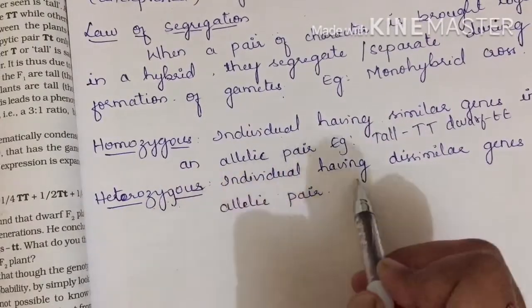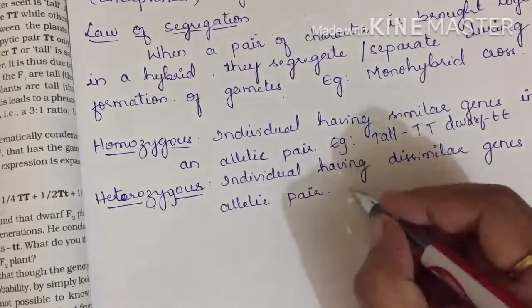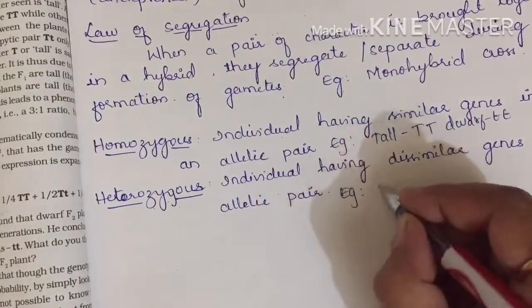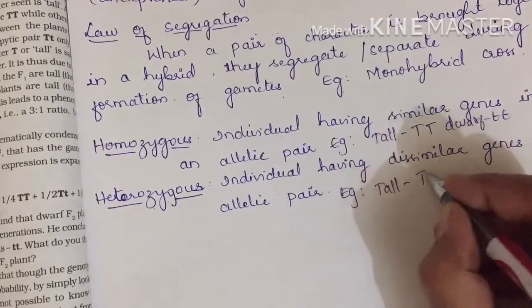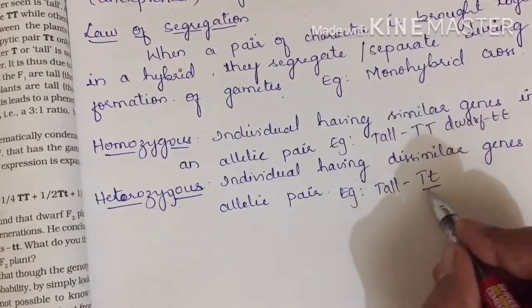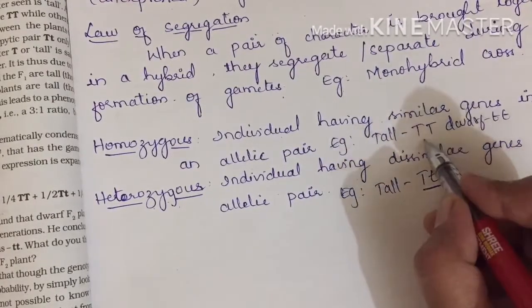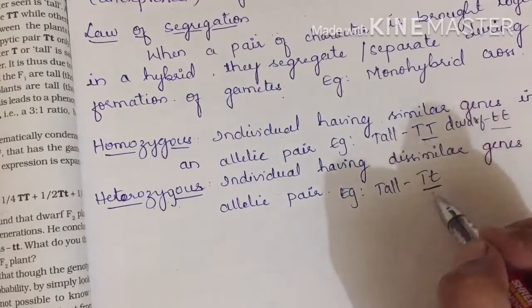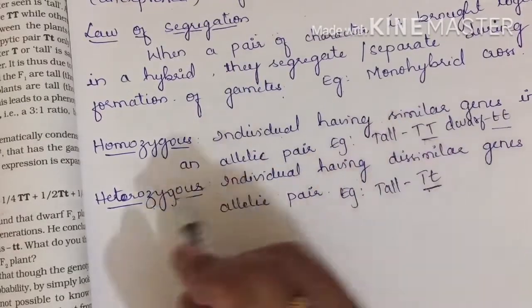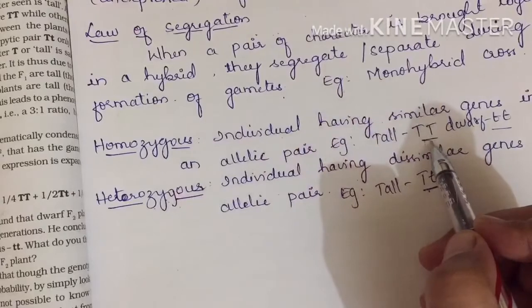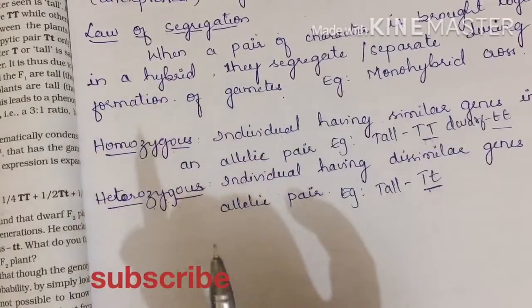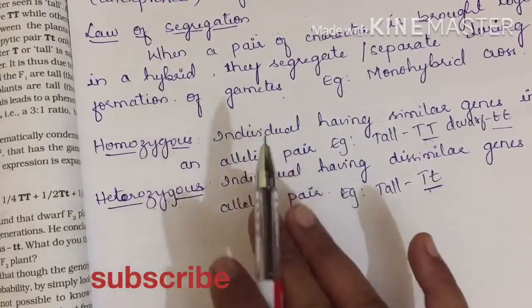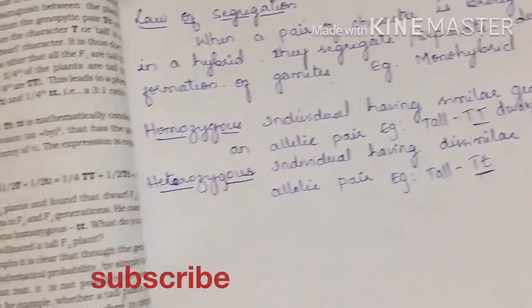Heterozygous is an individual having dissimilar genes in an allelic pair. Example: tall character, capital T, small t, having dissimilar genes in an allelic pair. Dissimilar genes in an allelic pair is heterozygous; similar genes in an allelic pair is homozygous. These definitions also help differentiate between homozygous and heterozygous conditions.